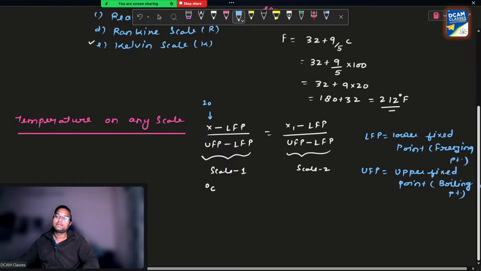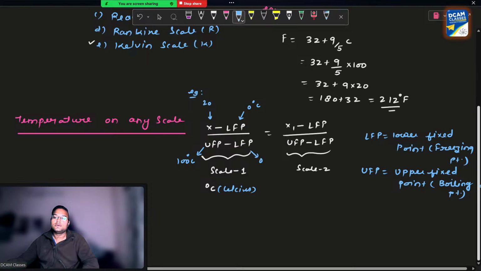For each scale, for example, take 20 degrees Celsius. For the Celsius scale, we know the lower fixed point is 0 degrees Celsius and the upper fixed point is 100 degrees Celsius.